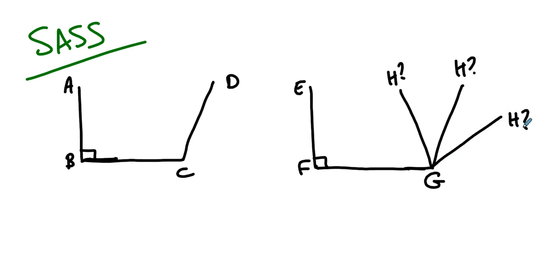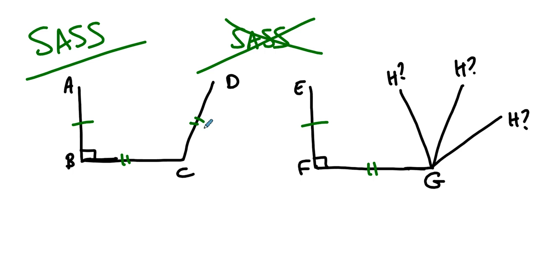They don't really tell us. And so side, angle, side, side, that's not enough. Because even though those are congruent, and those are congruent, it could have been this, it could have been this, so SASS is not enough.